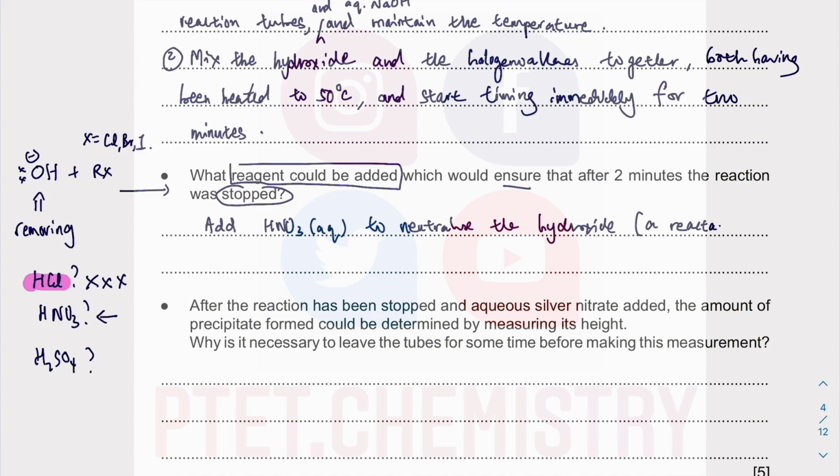So if you remove one of the reactants, there will be no more reaction. Okay, but then you want to ensure that it is stopped. So you want to add excess, okay? Because if you don't add excess of the acid, you might still have some of these and the reaction might still continue.